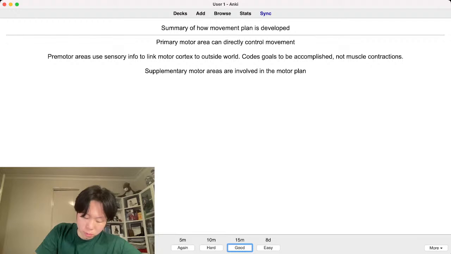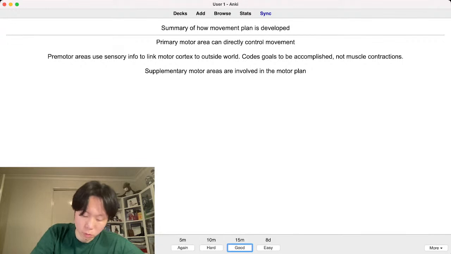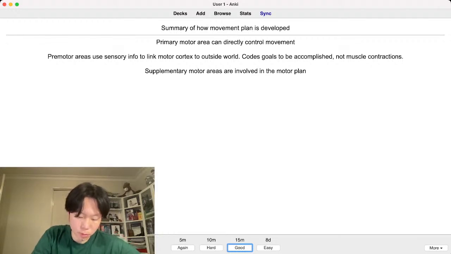Premotor takes sensory and plans. And supplementary motor plans. And pre-supplementary is for remembering stuff. And supplementary motor, I don't quite remember.